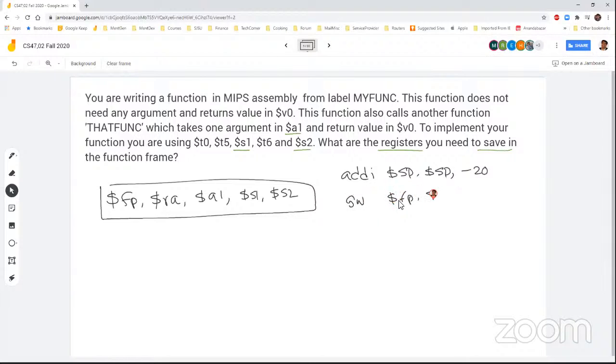Store word frame pointer with respect to the stack pointer, store word array with respect to stack pointer, maybe 16, store word maybe with respect to A1, 12.